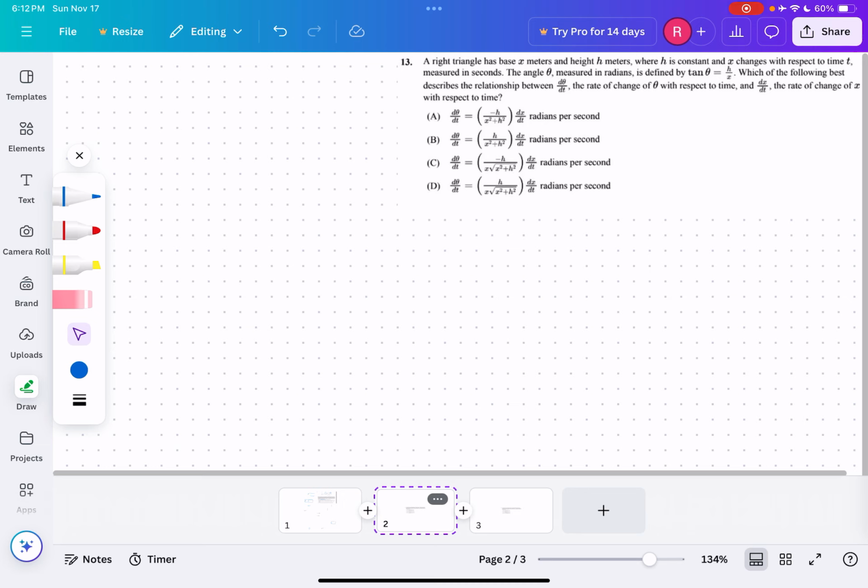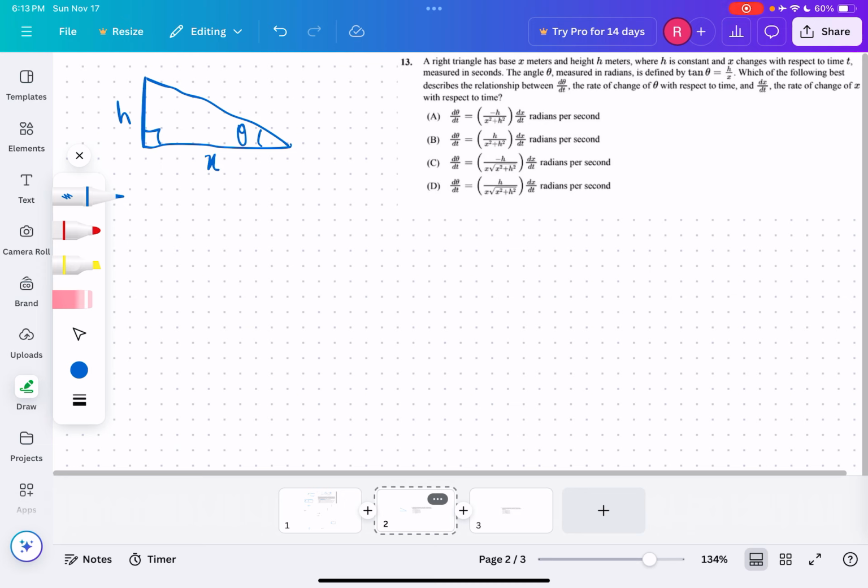So first of all, what I like to do is draw an arbitrary right triangle. They said the base is x meters and the height is h, and this is the theta that we're talking about. So h is constant, h is the same, and x is the one that is changing.